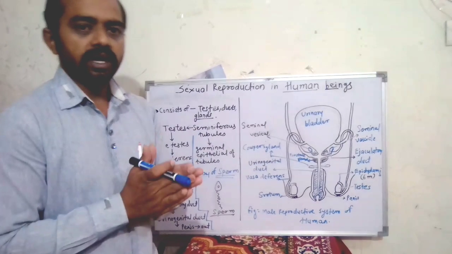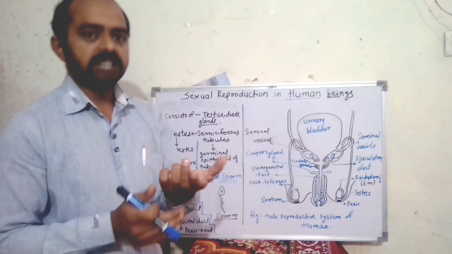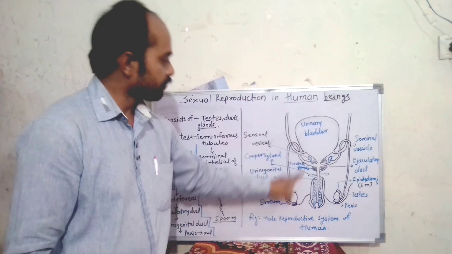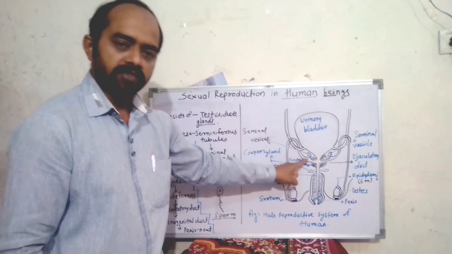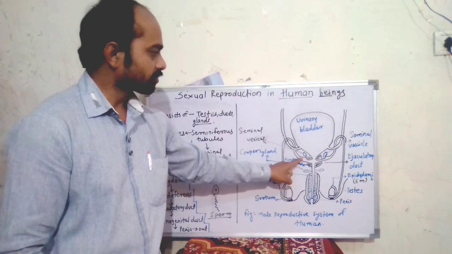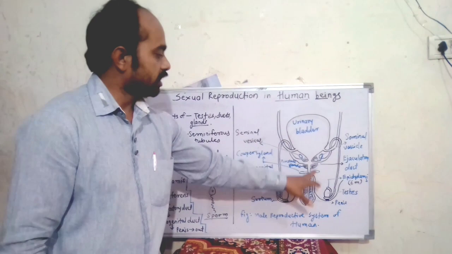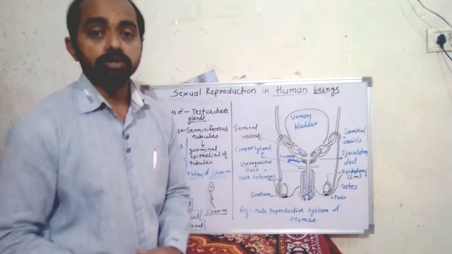In this way, the semen consists of sperms from the testis, secretions from the seminal vesicles, and secretions from the Cowper's gland and prostate gland.